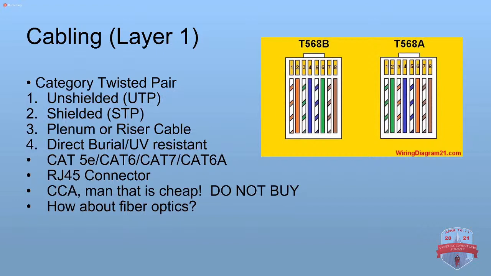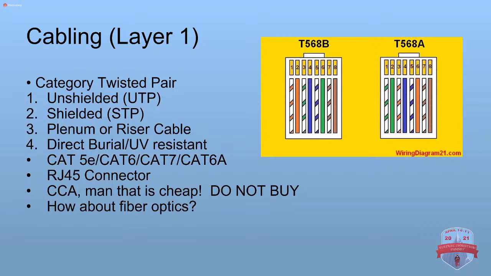The reason is that CCA cable breaks very, very easily. After so much time, if you twist it too much or turn it too fast or somebody steps on it, you break one pair of your Ethernet cable, and next thing you know, you're troubleshooting, trying to figure out where it's at. You have to hook up Ethernet testers, yada, yada, yada. So just try to stay away from CCA.